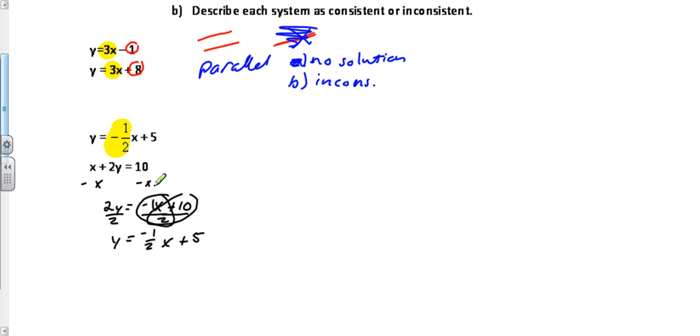So now we have a -1/2 and a -1/2. Same slope. Y-intercept is 5, y-intercept is 5. So now we're talking about having the same line, which means they have an infinite number of solutions. And that would be considered consistent.